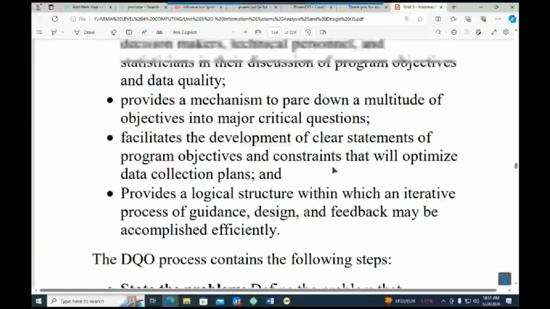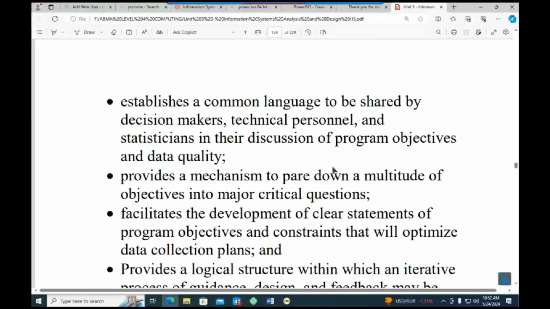So there are a number of things that it does, and the first one is it is going to establish a common language that is going to be shared by the decision makers, the technical personnel, and also the statisticians in their discussion of some program objectives and data quality. By common, we simply mean a language that all those people can understand, a language that is uniformly and commonly agreed by everybody.